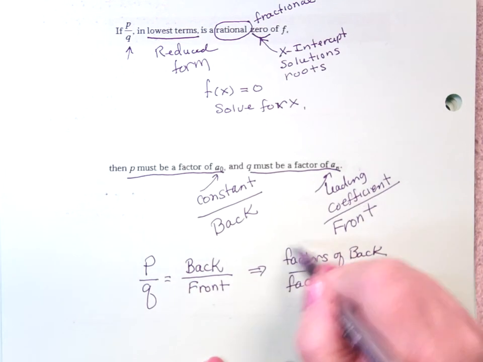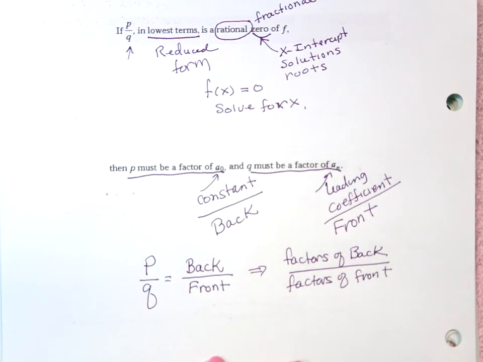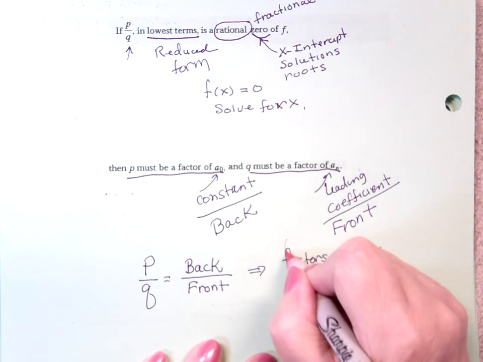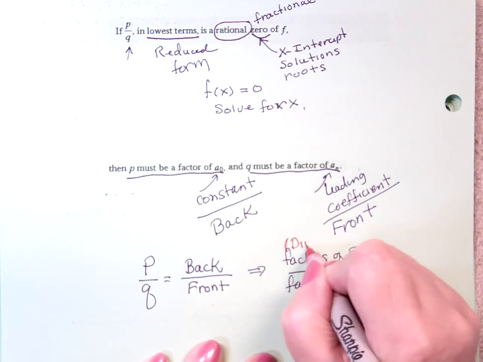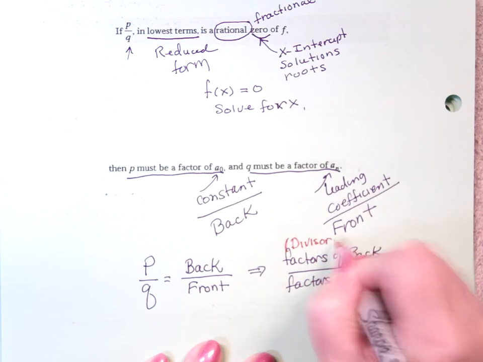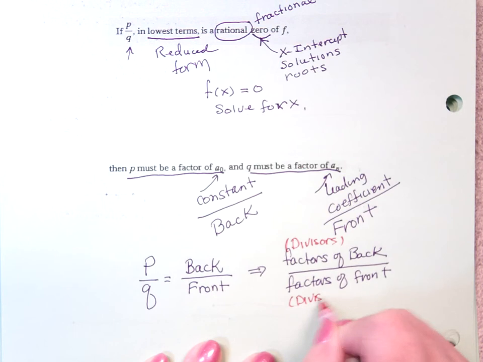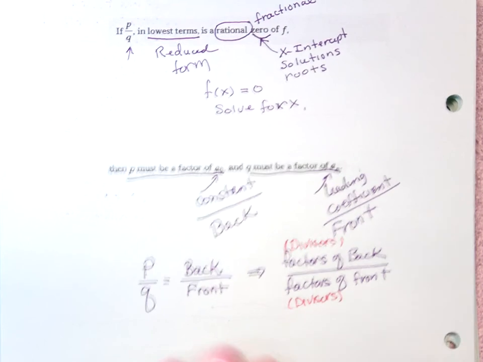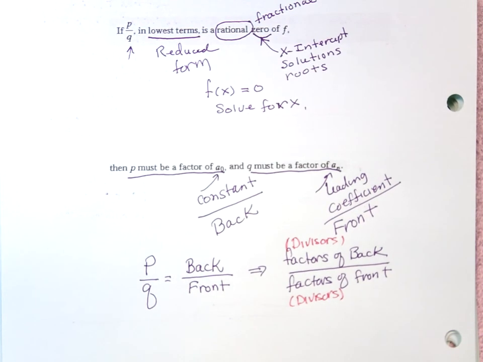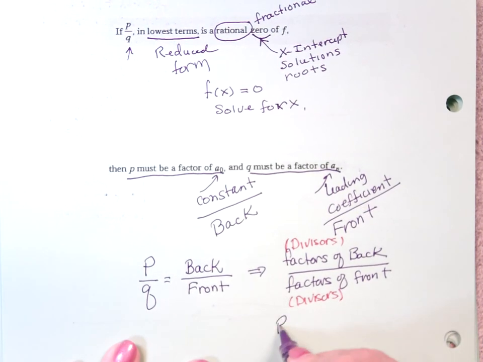And when I think factors, the word that comes to mind that's much more useful is the idea of divisors. You take the divisors of the back divided by the divisors of the front, and then you reduce.